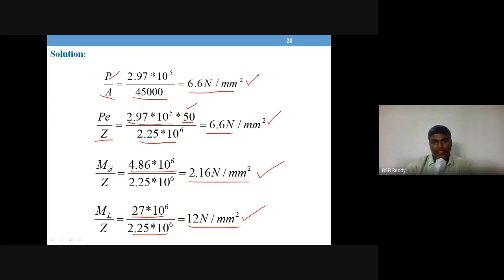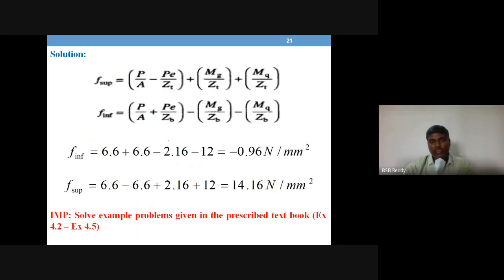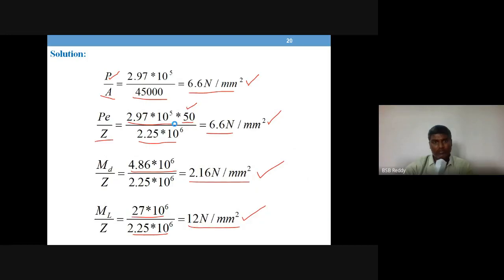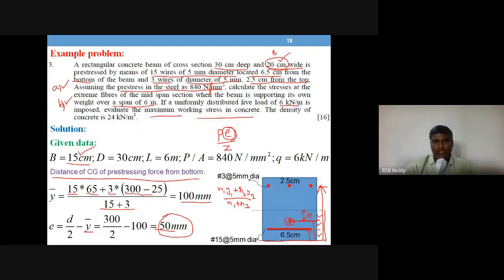Okay, right. Now taking up the formula for each case of the question. First part of the question is to find the extreme fiber stresses only due to own weight.